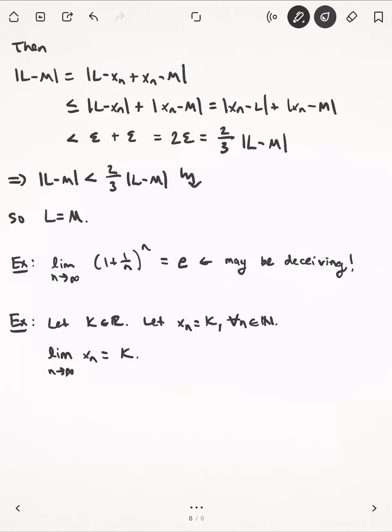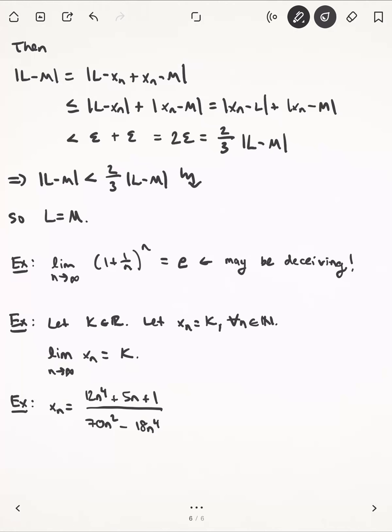Another type of sequence that is quite easy to understand is a sequence of rational functions. So for example, let's say xn is equal to 12n to the 4th plus 5n plus 1 over 70n squared minus 18n to the 4th.